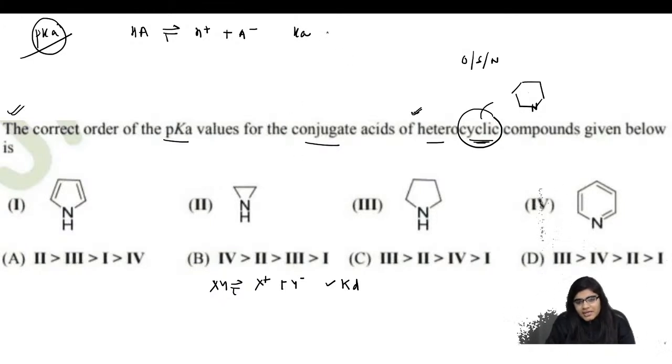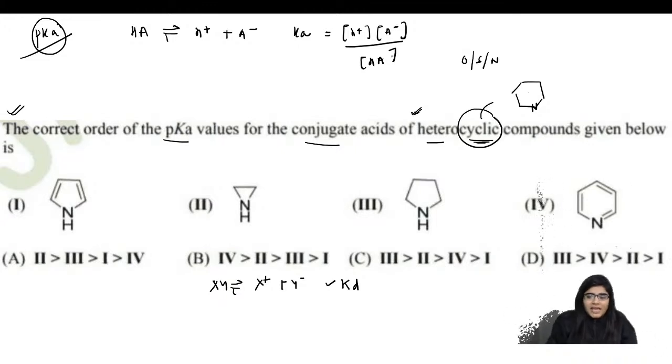Ka is nothing but the concentration of product divided by the concentration of reactant. This is how we write K equilibrium. So what is Ka? It is the concentration of H plus ion times the concentration of A minus ion, divided by the concentration of HA. This is how I am going to write the dissociation constant of an acid. Ka is equal to [H plus][A minus] over [HA]. So this is what is known as Ka.